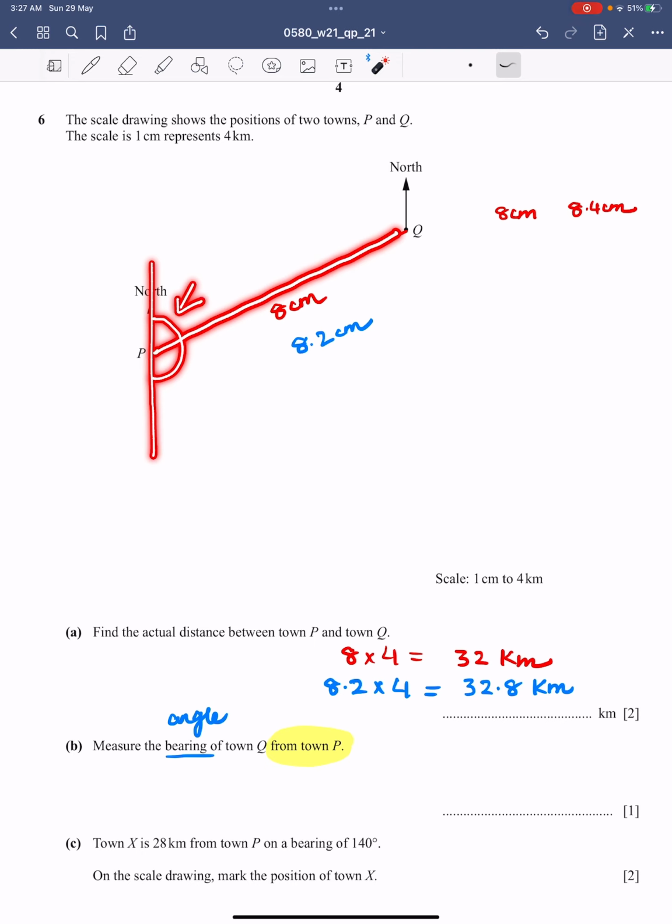So you get the answer as 65 degrees. Bearings are always represented by 3 digits, so when it is 65 degrees, we write it as 065 degrees. So the answer here is 065.